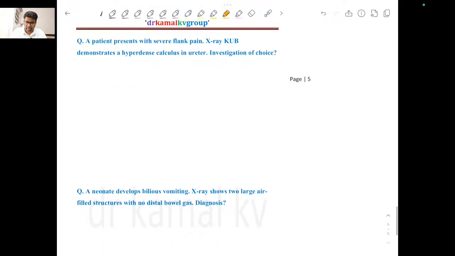Next question. A patient presents with severe flank pain. X-ray, kidney, ureter, bladder shows a hyperdense calculus in ureter. Investigation of choice. Now here, let us write the keywords first.